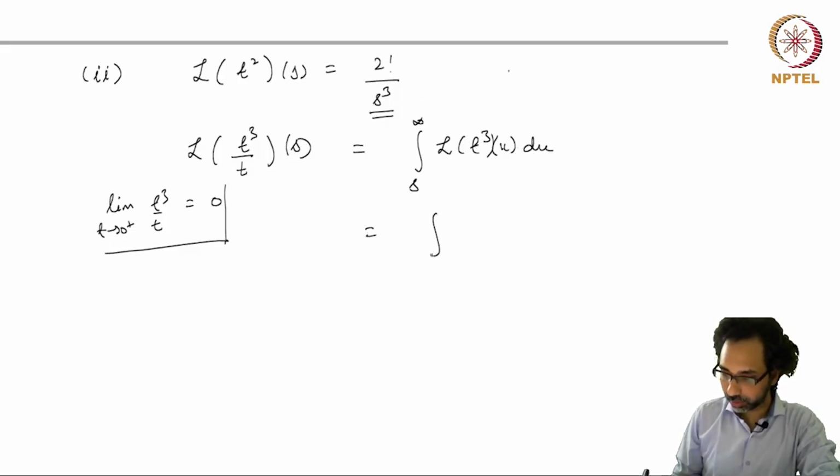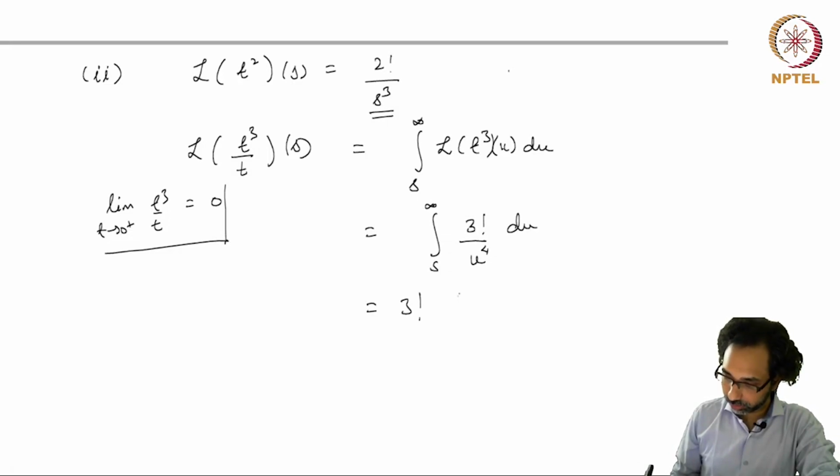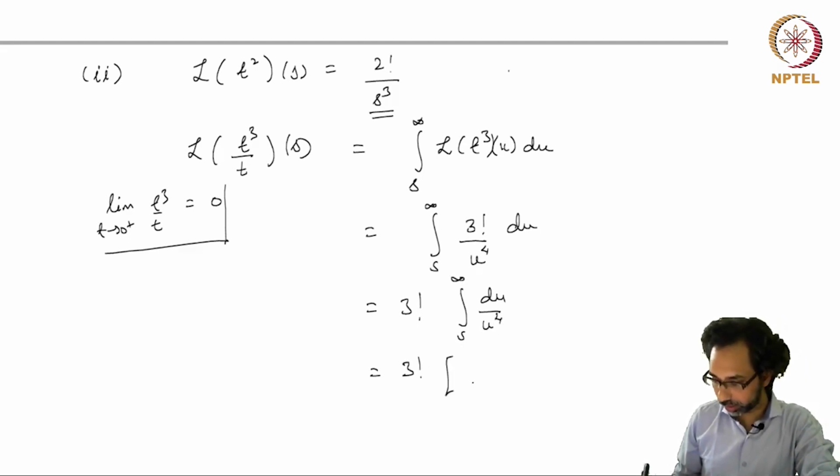We know that the Laplace transform of t cubed is 3 factorial over u to the power 4. So we get 3 factorial outside, and then the integral from s to infinity of du by u to the power 4. Now you can integrate it directly.